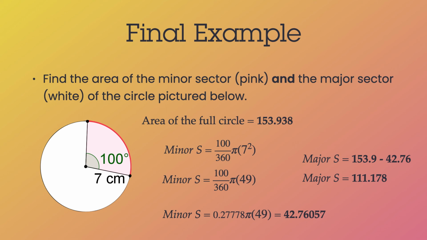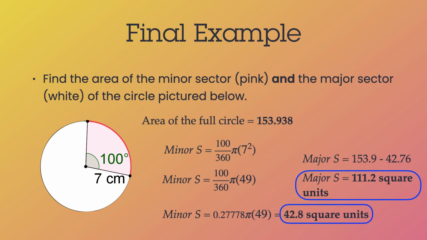So when we go ahead and take this to our rounding for final answers, we're going to round everything to the nearest tenth. So our major sector ended up at 111.2 square units, and the minor ended up at 42.8 square units after we rounded everything.